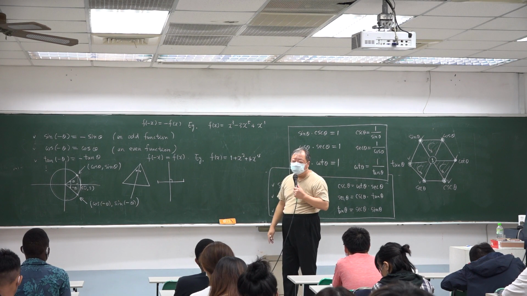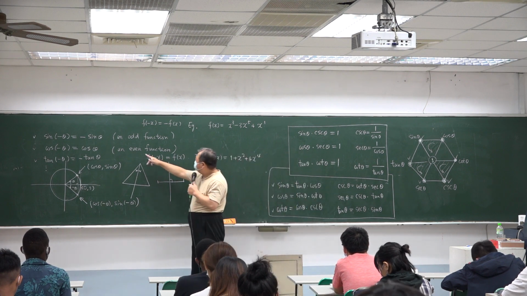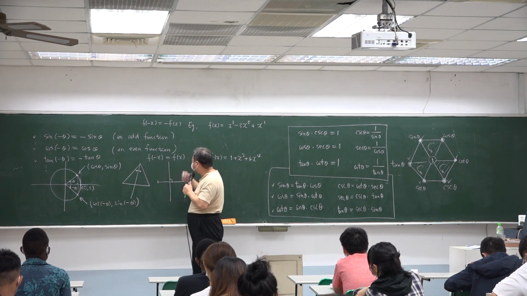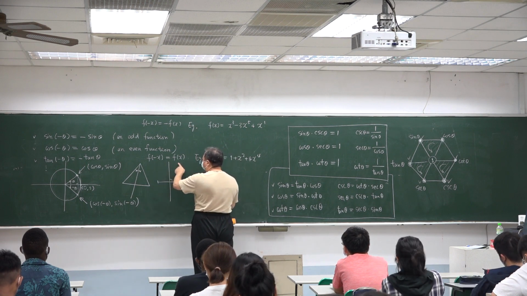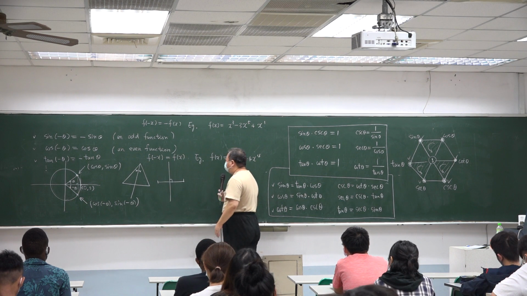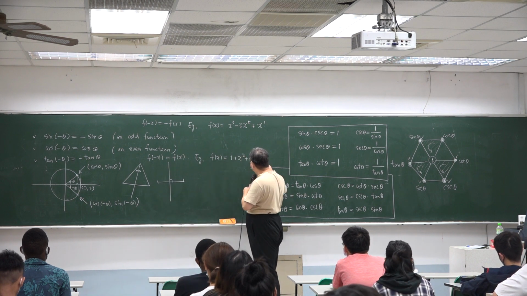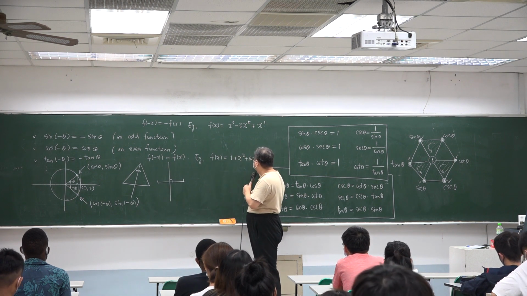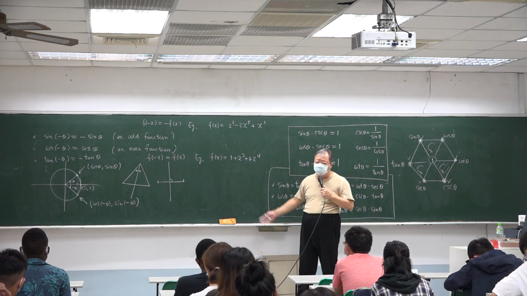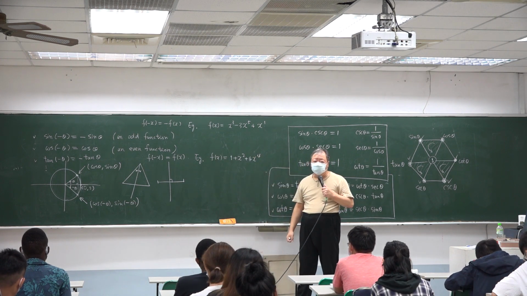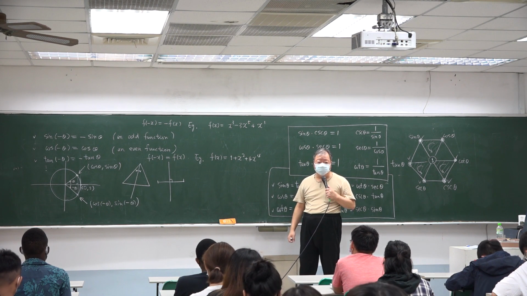The exponents are even numbers, so it has this property. That's the reason why we call a function with this property an even function, because usually a polynomial function whose terms all have even exponents will be an even function. Okay.